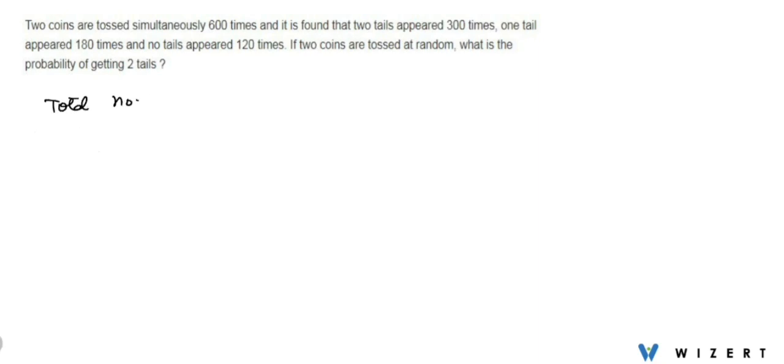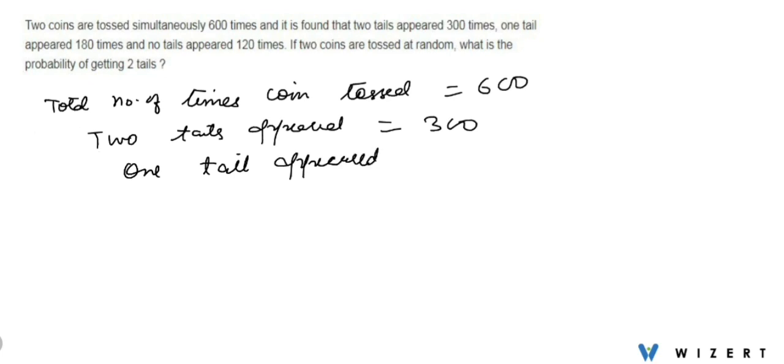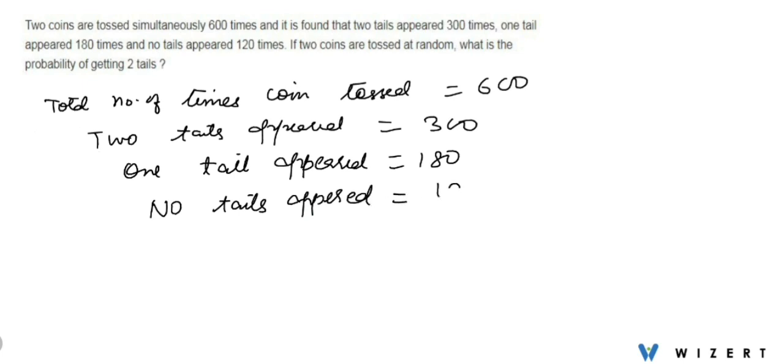So it is given that the total number of times the coin was tossed is equal to 600. And out of this, the number of times two tails appeared is 300, one tail appeared is given as 180, and if no tails appeared, that number is given as 120.